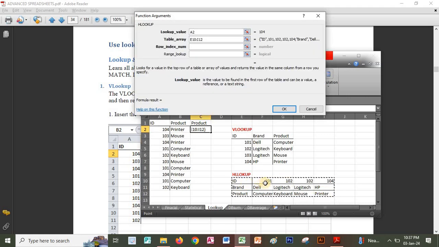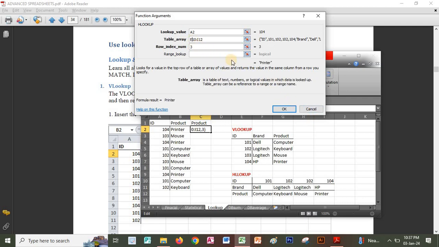So you see we are matching horizontally, that is across the rows. For the case of VLOOKUP, we were matching vertically in this group. But in the case of lookup, we are matching the same value, but now matching across, so horizontal. And again, return the third item.